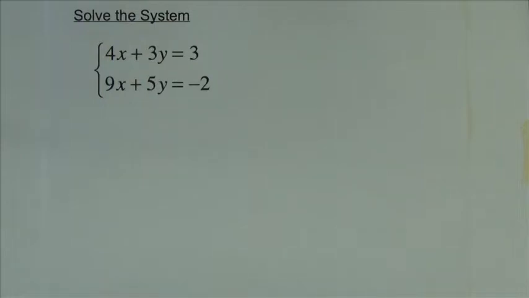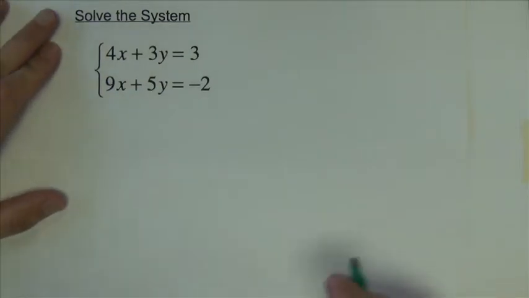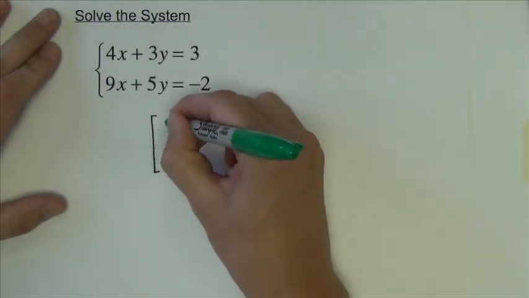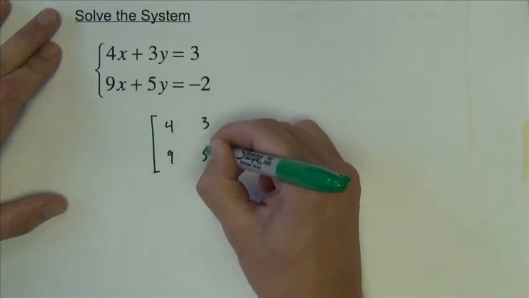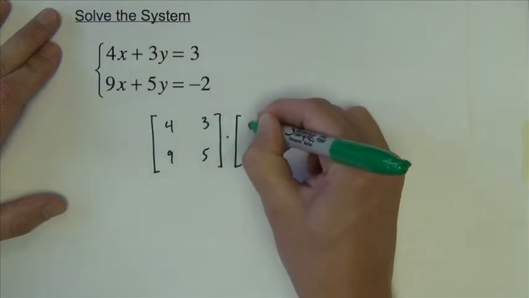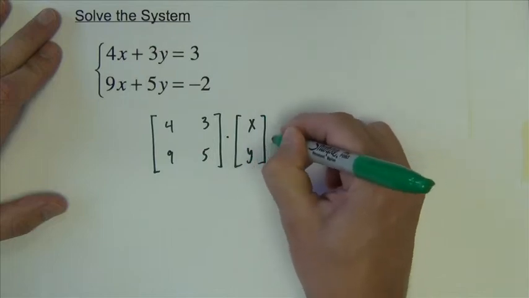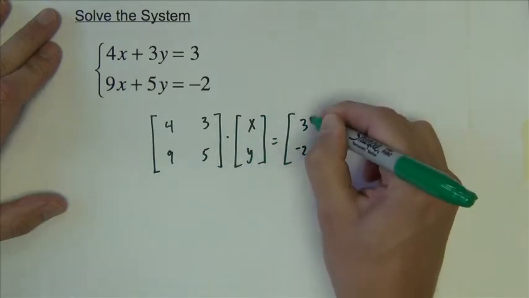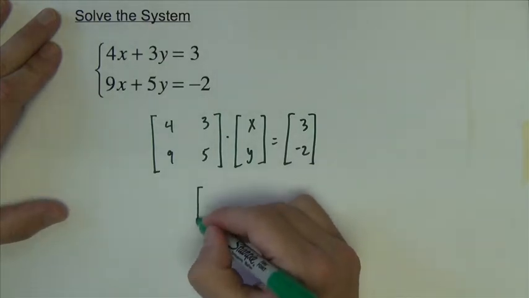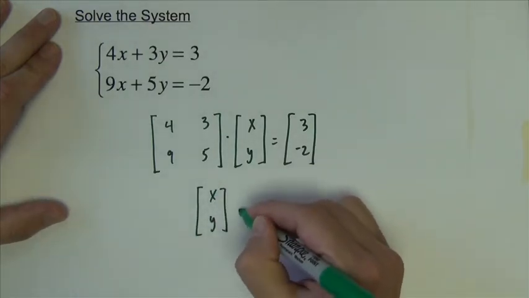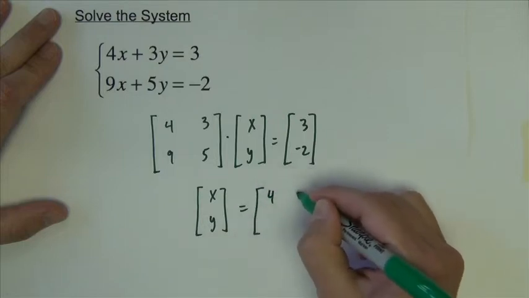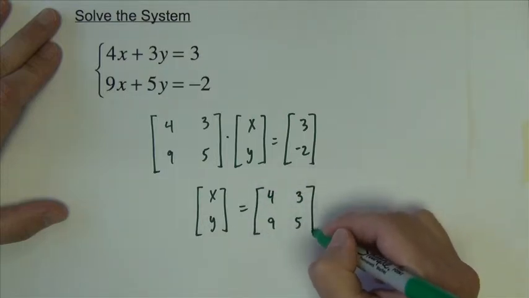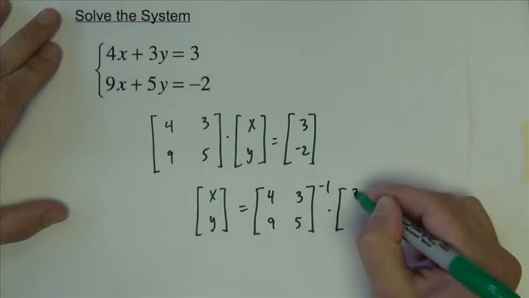One more problem. You could probably try this one on your own if you're getting the hang of it. See if you can do it. So pause the video, and then when you're ready, you can check your solution by watching the rest of the video. I begin with the matrix equation. Then I solve for x, y by taking the inverse of the coefficients times the 3, -2.